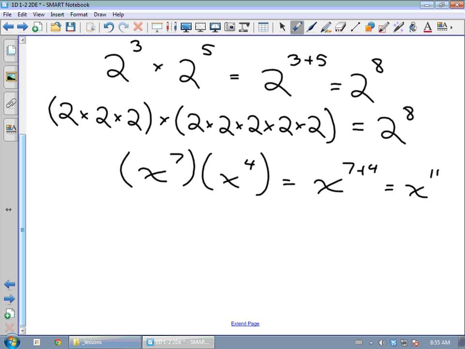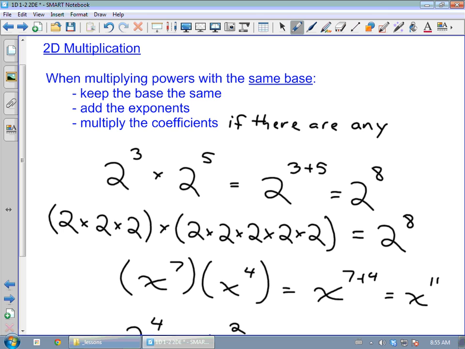Now, what if we have something like 2 to the power of 4 times 4 to the power of 2? How do we evaluate this one? What do you think, Stephanie? Nope, it's a trick question. What was the first rule up here? They got to have the same base.